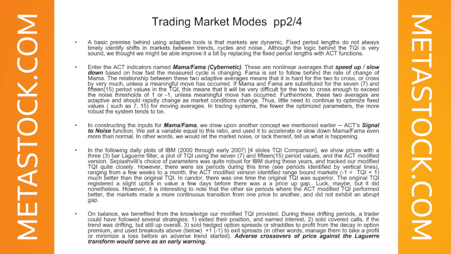What we did is we said, let's take those fixed lengths and replace them with some signal-to-noise-adjusted functions out of ACT and use their crossing to determine whether we were in an uptrend or downtrend, the trend strength and congestion. And then let's look at the differences in the results between the two applications.